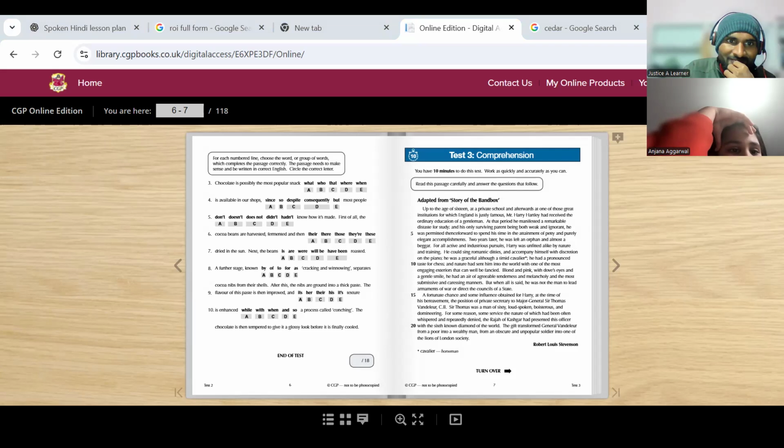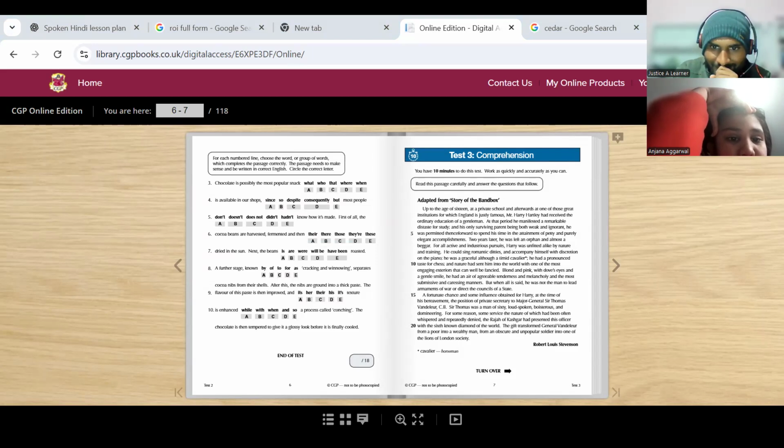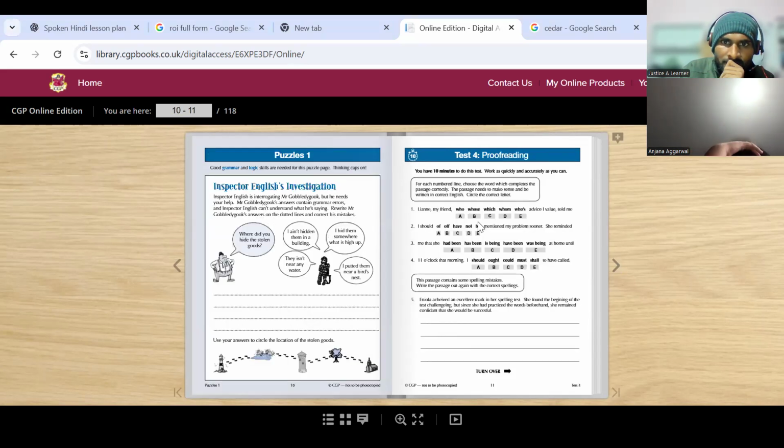We did it last week. We tried it. So the next one will be, I think, this is puzzle 1. This one is test 4. So I'll do puzzle 1 and test 4.